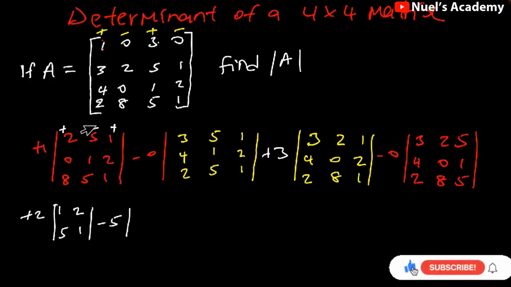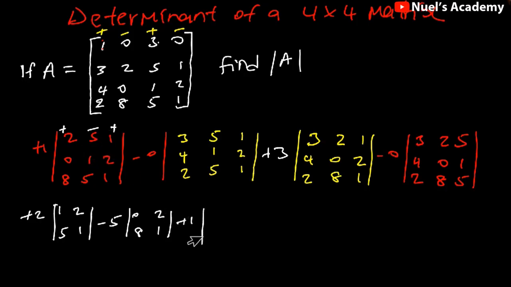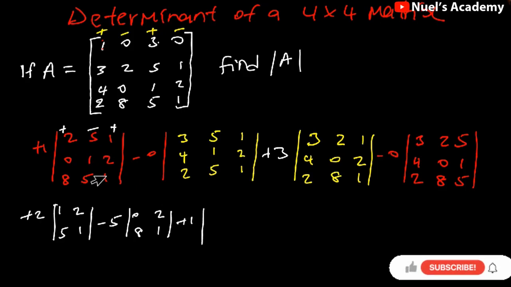If we eliminate this second column and first row, we will be left with 0, 2, 8, and 1. Then we have plus 1 here. So if we eliminate the first row and the last column, we're going to have 0, 1, 8, and 5.